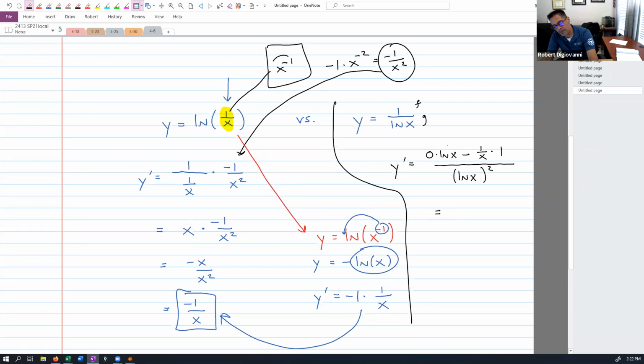And that becomes, let's see, that goes away. On top, we just get negative 1 over x, and then over natural log of x squared. And that answer is definitely different than this answer. So there are subtle differences between these two problems, but there are huge differences in their derivatives.